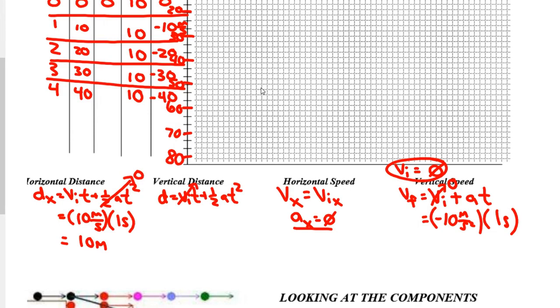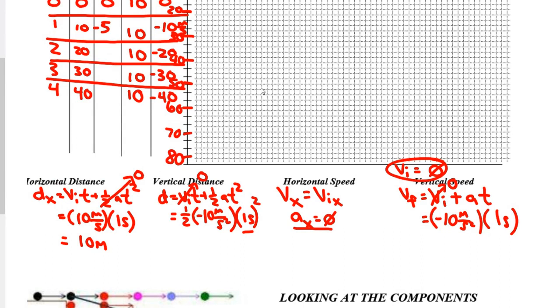So this first term cancels out, and so I get 1/2 times negative 10 meters per second squared times our first time, which is 1 second, quantity squared. So in the first second, let's work through the mental math here. 1 squared is 1. 1 divided by 2 is a half. And then half of negative 10, we get negative 5.